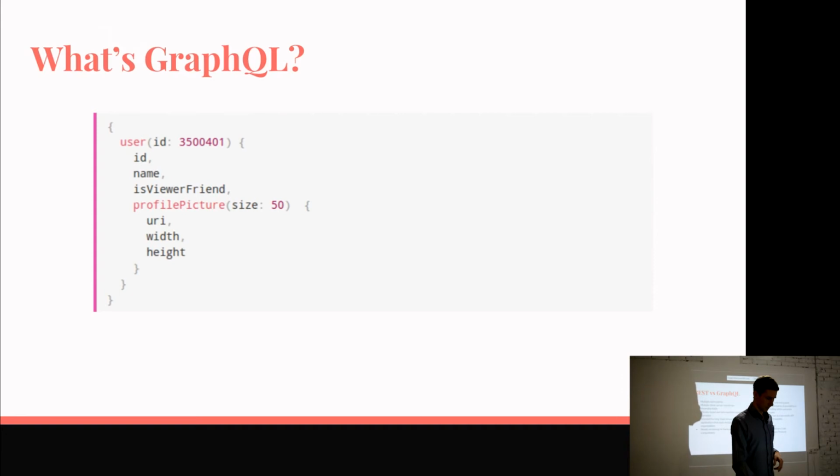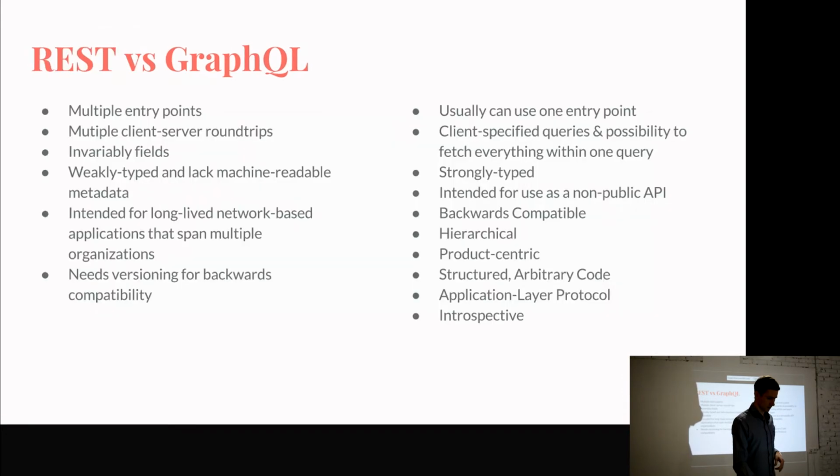The second thing comes from the first one: multiple client-server round trips, which I mentioned. Here, if you are using GraphQL with client-specified queries, you can fetch whatever you need in one query. It also has other differences. You can see a little bit about it in the GraphQL description.